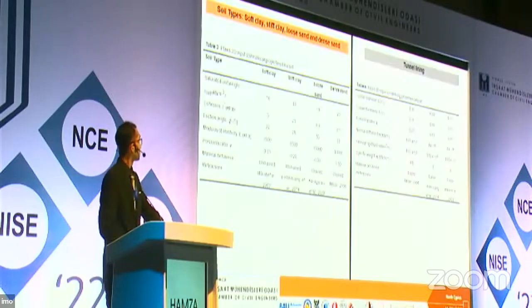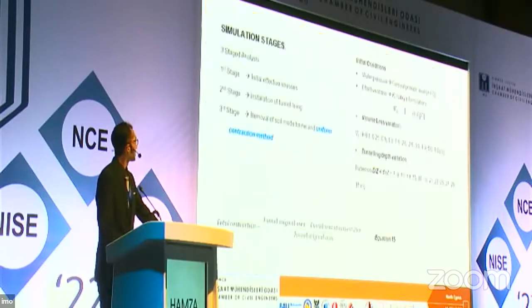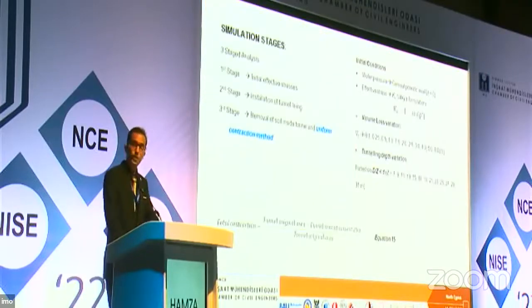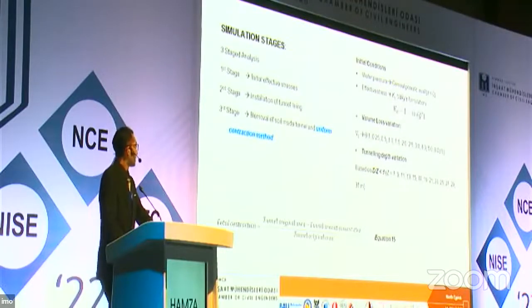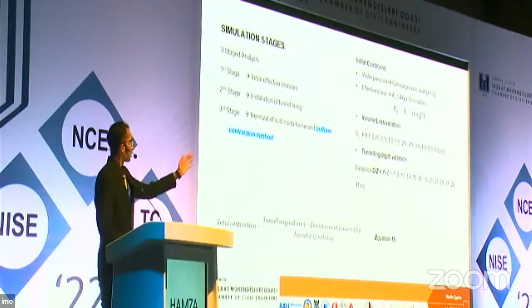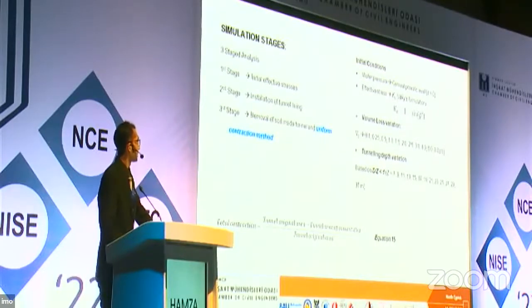These are the input properties for the finite element software and the lining properties. It was a 3-stage analysis. The first stage was the initial effective stresses generated based on the K0 method. Then in the second stage, the installation of the tunnel lining. And in the final stage, the removal of soil inside the tunnel premises, and a uniform contraction method was applied. Here are the volume loss variations on the right side and the tunneling length variations.